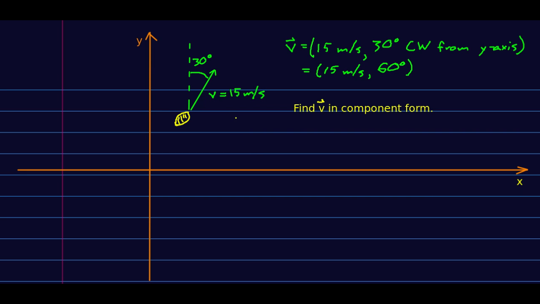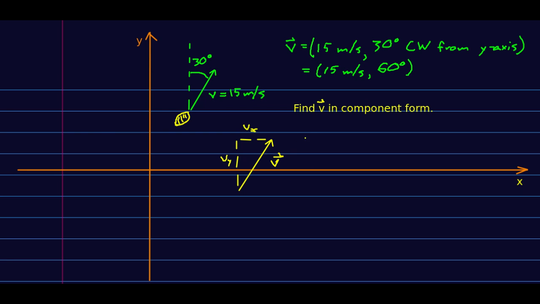So the first thing to do is just draw a little more. Before you do trigonometry, you should know what the triangle is that you're talking about. Never do trigonometry without drawing the triangle. So here is V, and here are its components, Vx, Vy.